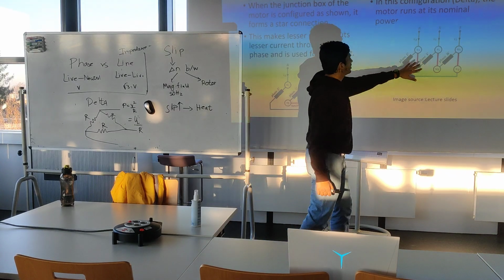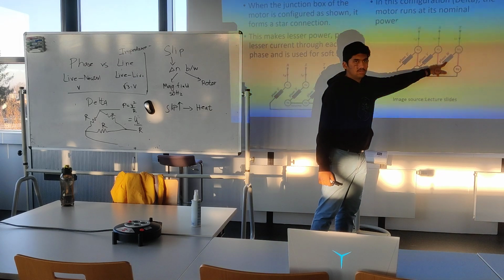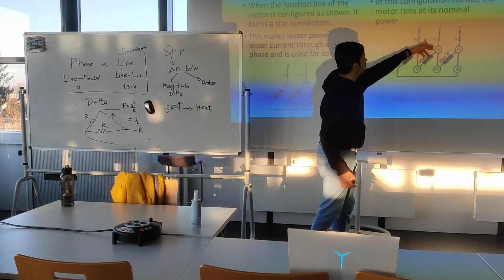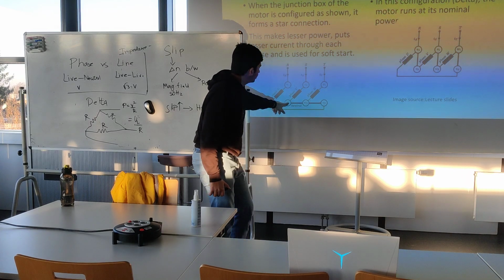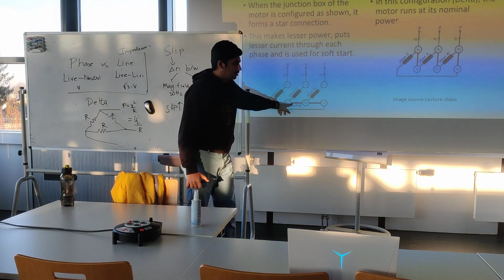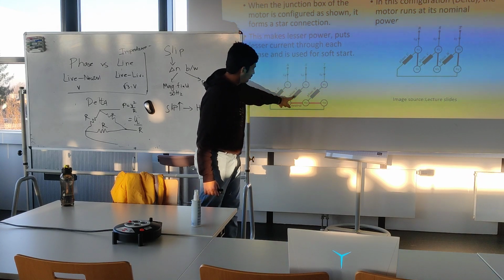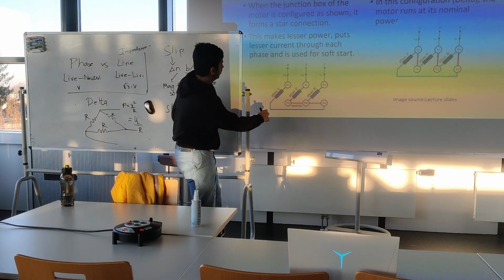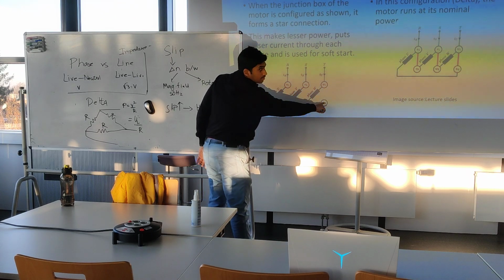And this is what you can see in the junction box. You will have the three phases of the motor, the stator coils, and you will have the freedom to rearrange them so that you can get either the star configuration, where you have a single neutral point and each stator is connected to the live wire as a star arrangement, because let's take this phase U, it's getting the live connection and the other end is on neutral.